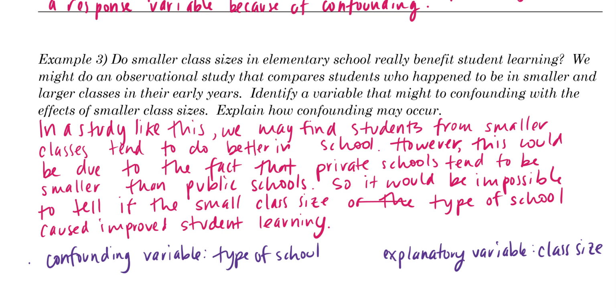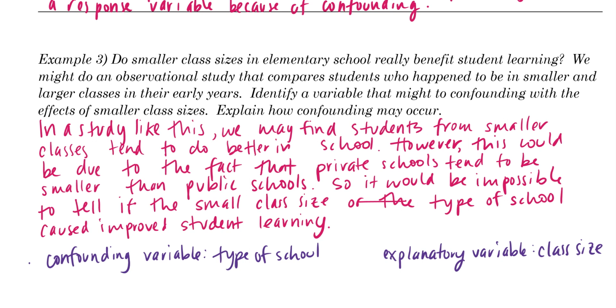Now, along with that, if we're connecting class size to GPA, let's say that smaller class sizes were associated with private schools. Well, who goes to private schools? Well, wealthy people do. And unfortunately, wealth is a pretty good indicator of GPA, and education as well.